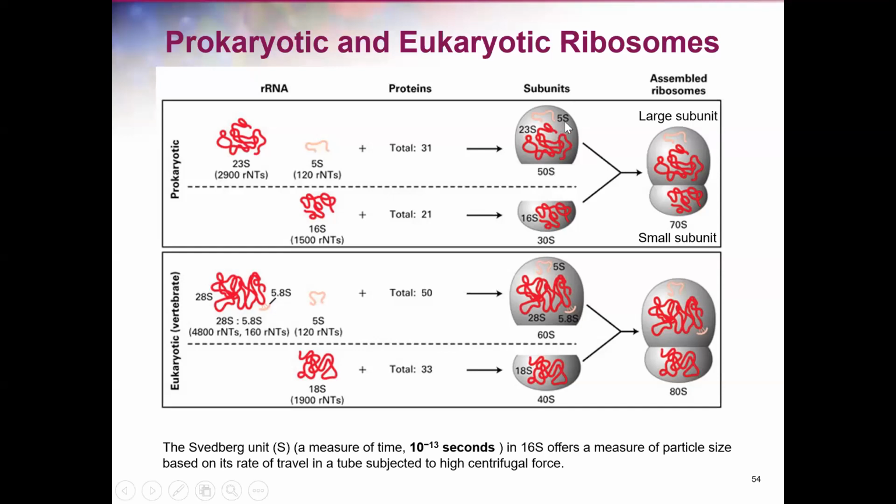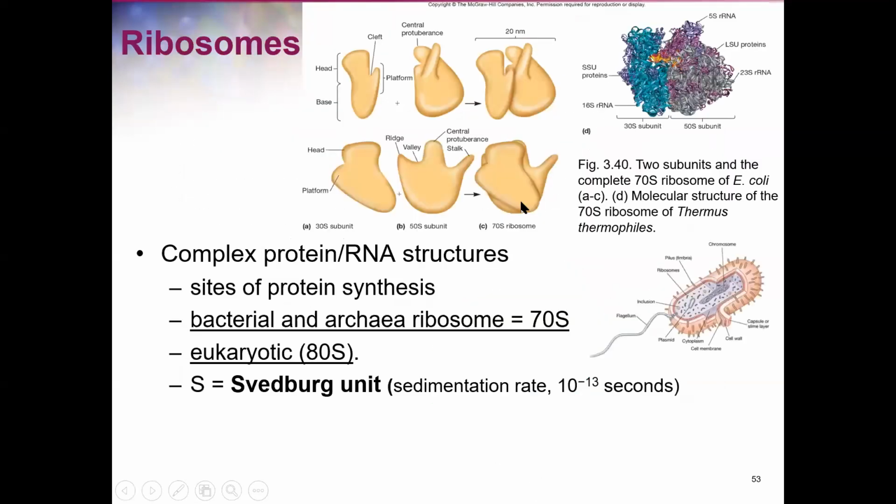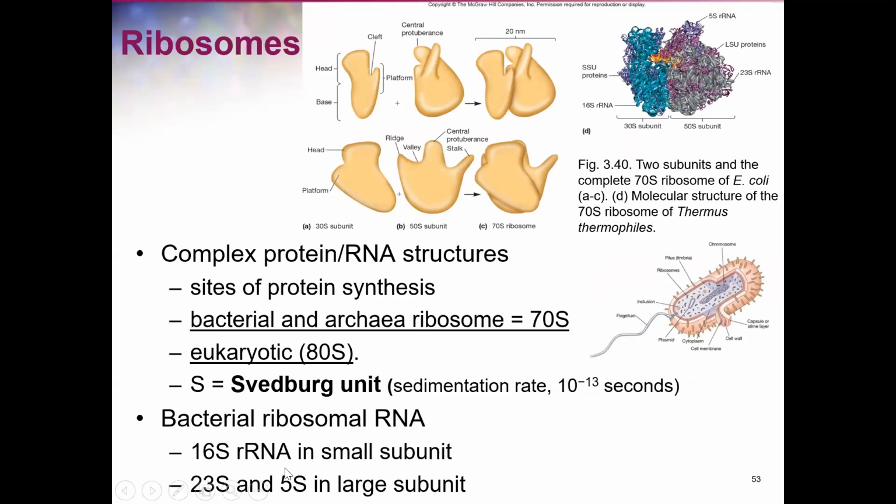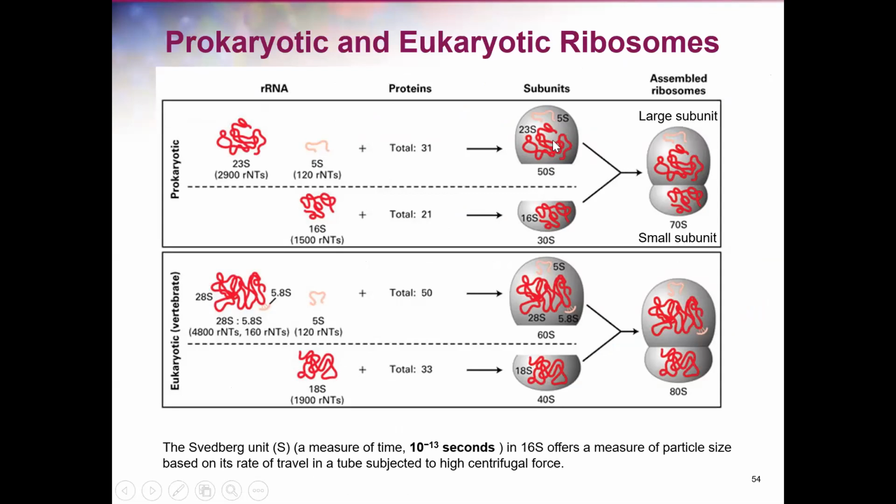The 5S is RNA. They have two kinds of RNA here. That part I forgot to mention. The large subunit contains two kinds of RNA. One is called 23S. It didn't show the picture, but this is better.